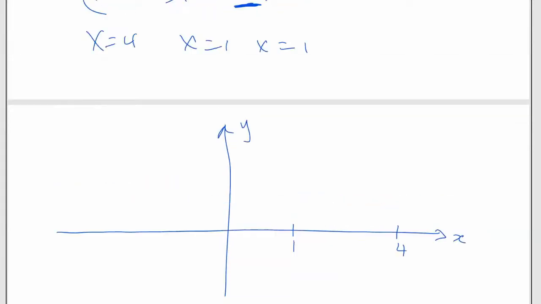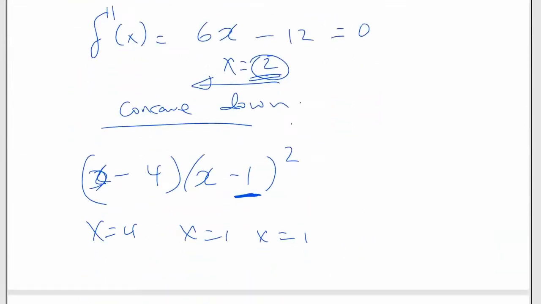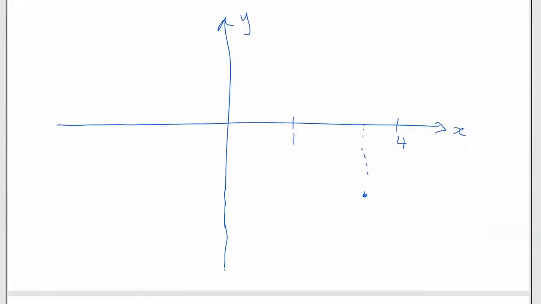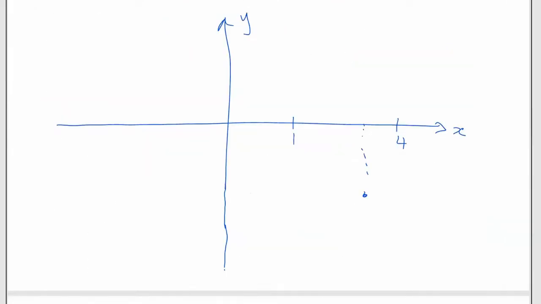So this is a 1, it is a 4. We got our turning points to be 1 and 0, and then 3 and negative 4. So 3 is somewhere here. Negative 4 is down. Okay, so from the graph, we know that the y-intercept is negative 4. Okay, meaning that this negative 4 should be the y-intercept also.